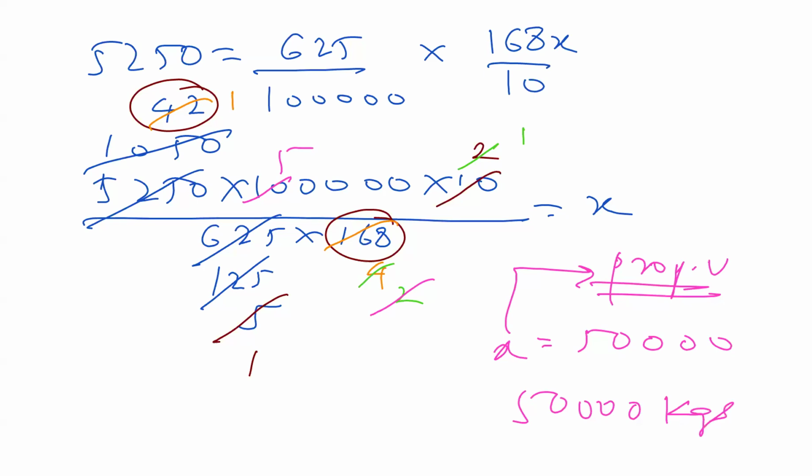Now there is one more problem based on this in the miscellaneous exercise. You can take it for self study. I'll tell you that particular problem, then we'll wind up this session. It's on page number 30, miscellaneous exercise 4, question number 8. A similar problem, you have to practice it on your own.